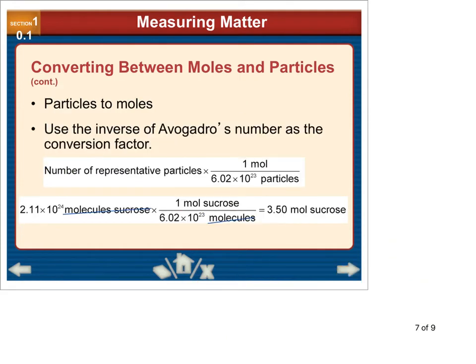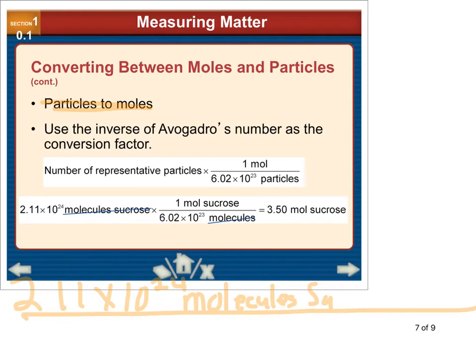And here we want to go from particles to moles. And if we had that same number we had before, the 2.11 times 10 to the 24th molecules of sucrose.